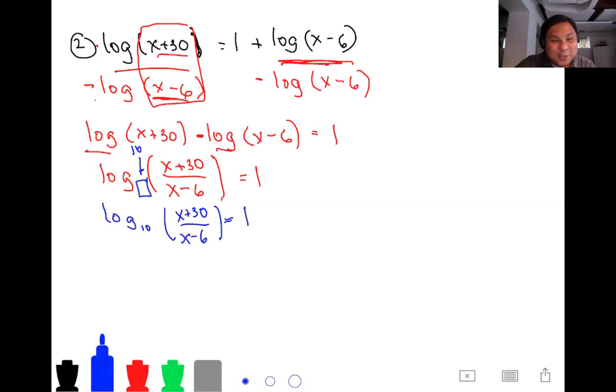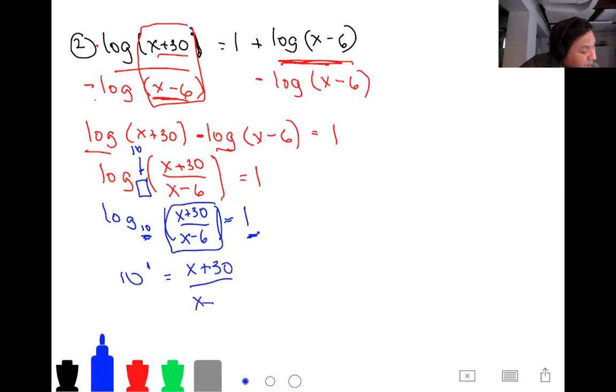So if the base is 10, then as an exponential equation, this is 10, the base, raised to the exponent is equal to the power. So we further simplify. There's no more space at the bottom, so I'm going to slide over here.